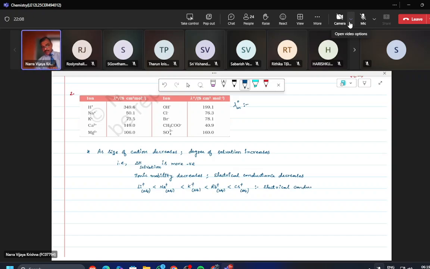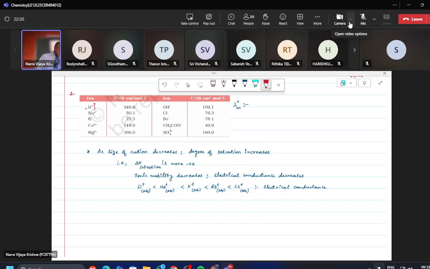Now compare Na plus and K plus. Whether this is accepted with the data given. Acceptable? Right? No. Now the problem is with the H plus ion.